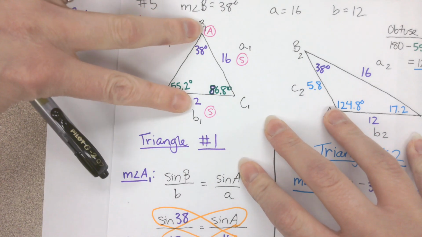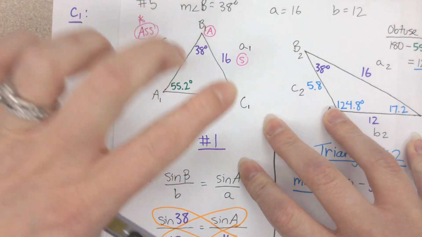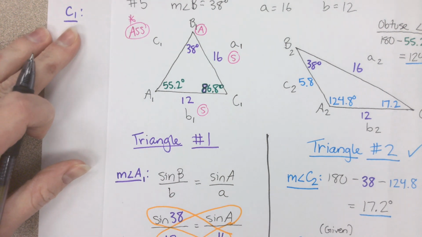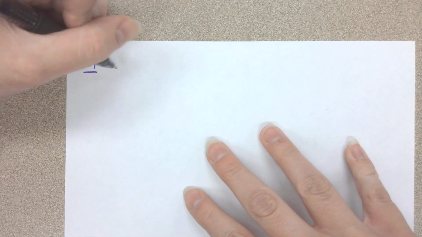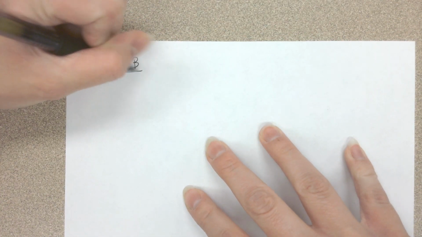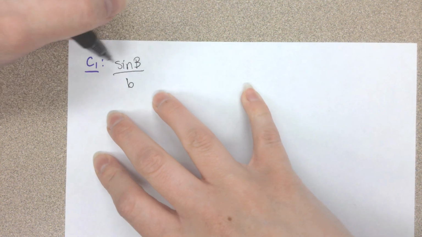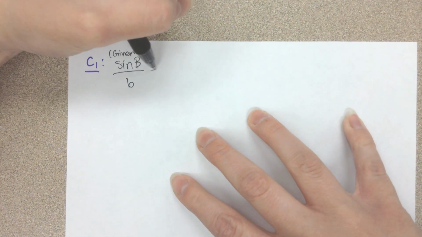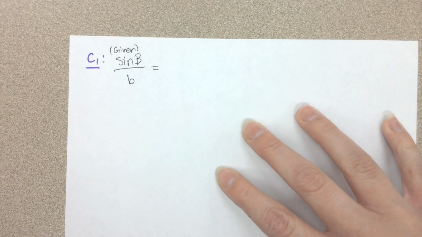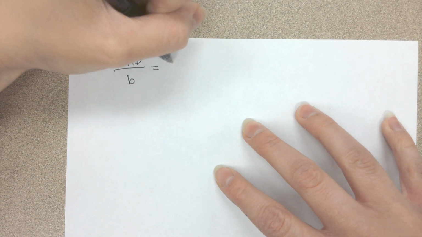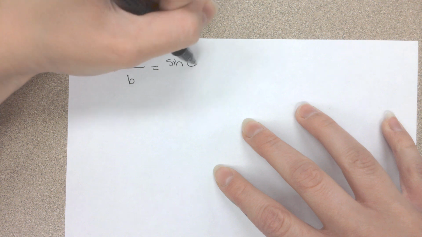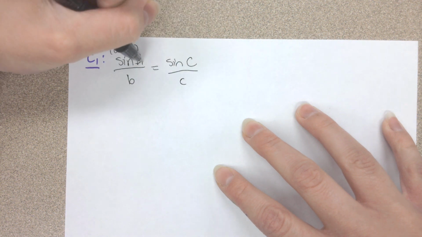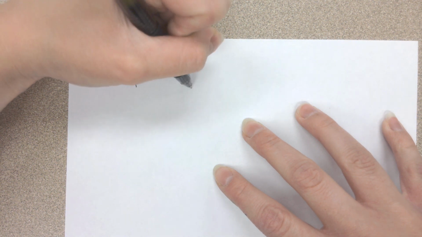I'm given the B's, so I'm going to use the B's to solve, and then I, of course, have to set up the C's. And we're setting up law of sines. Sine of B over B, and again, I am using the B's because it was given. And then we need C's. Sine of C over C. And we are in the first triangle.